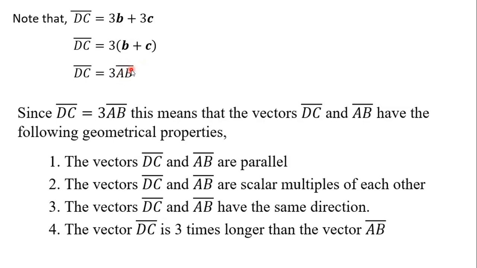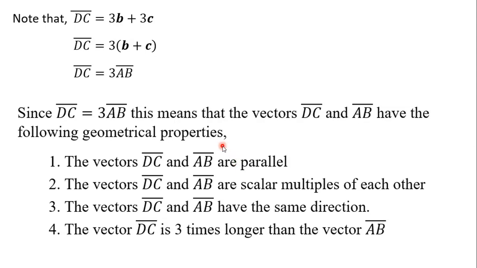Now, what does it mean for DC to be equal to 3 times AB? Since DC is equal to 3 times AB, the vectors DC and AB have the following geometrical properties. First, by definition, the vectors DC and AB are parallel.